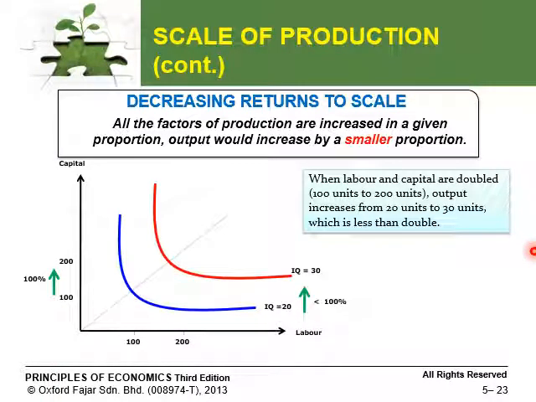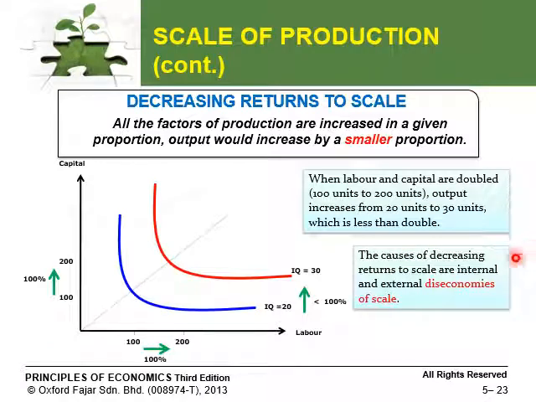Decreasing return to scale. If increasing return to scale indicates that the output percentage increase is much bigger than the percentage increase in input, and constant means the output percentage is similar to the percentage increase in input, meanwhile decreasing return to scale shows that the percentage increase in output is much lower than the percentage increase in input, which means that the percentage increase in input is much higher than the percentage increase in output.